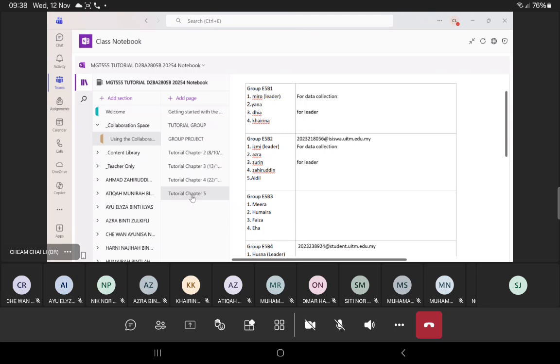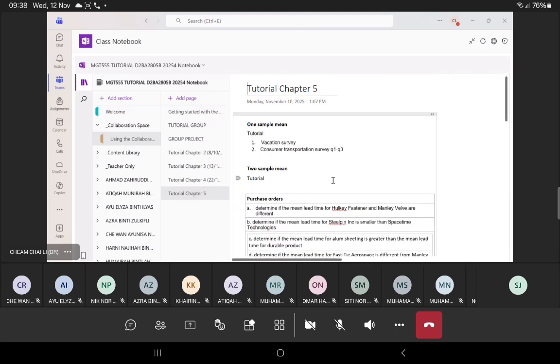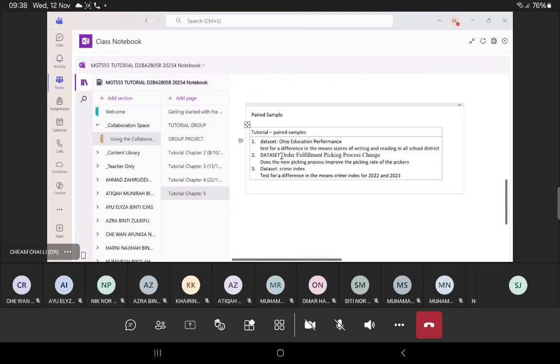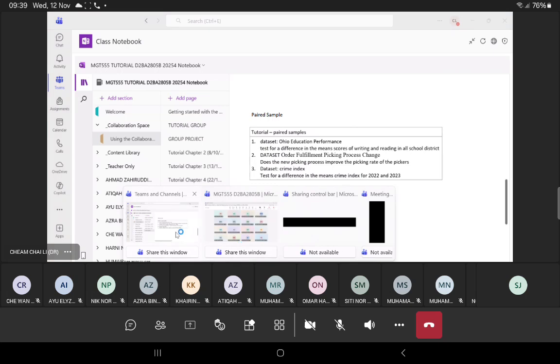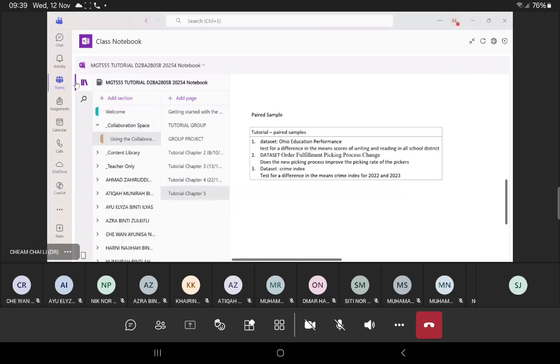Do you have any questions on the PET sample? Ada soalan nak tanya? Yes? Can I see the Excel data again? Which data? The hands-on one just now, PET sample. Okay. Where did I put it already?